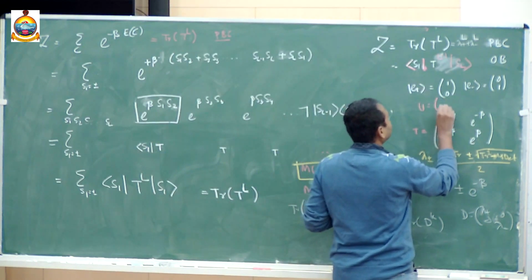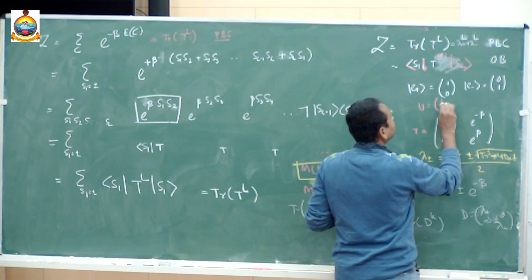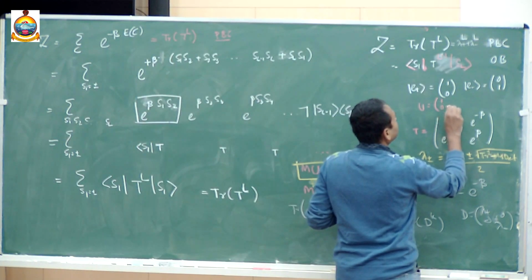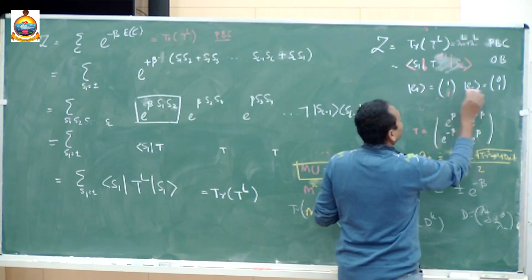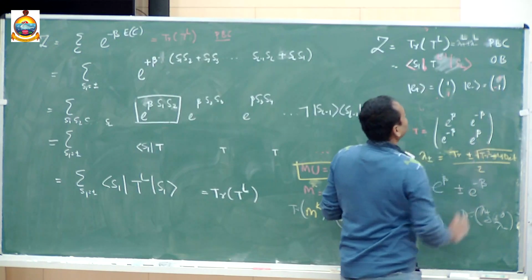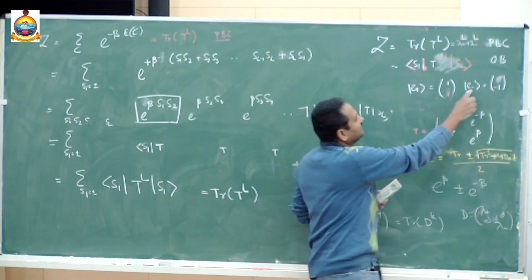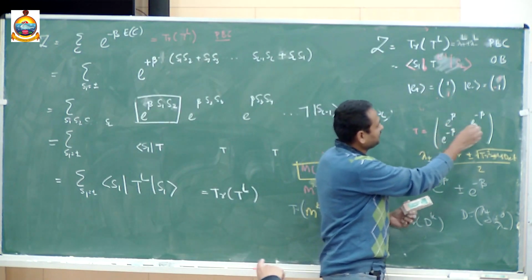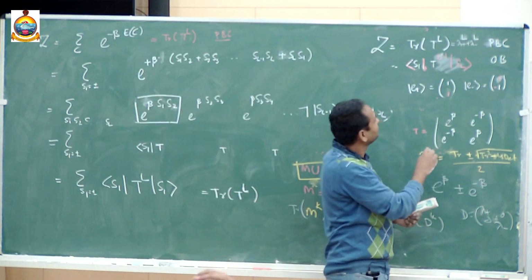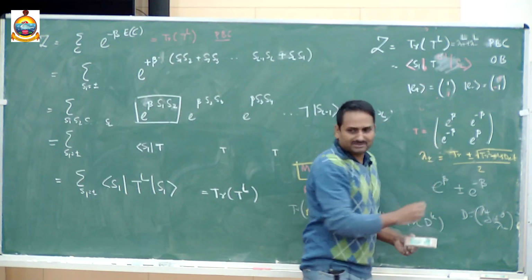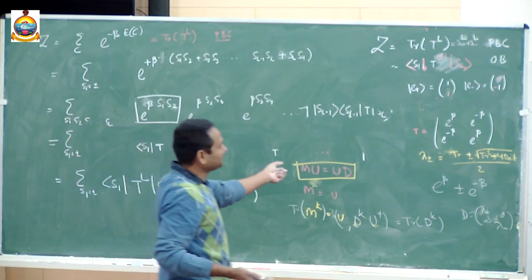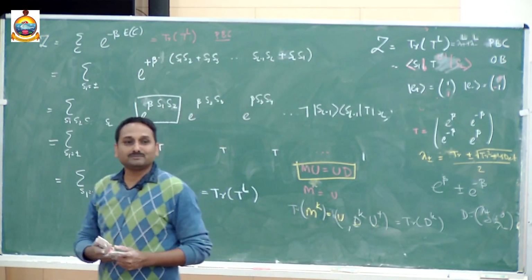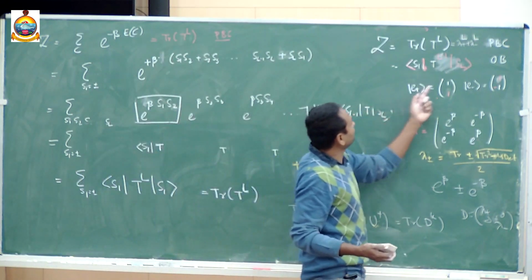So U equal to just 1 0. Sorry, I think I'm wrong. It is 1 1, 1 minus 1. So e plus is 1 1, e minus is 1 minus 1. You have to normalize it before you write the matrix? No, it is still an inverse, it will take care of that. You don't need it, because U is not unitary.